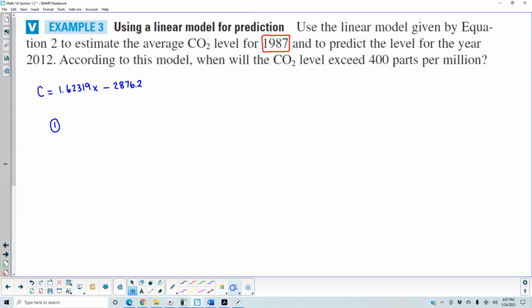So we have C, which is equal to 1.62319, and then we're going to plug in 1987.